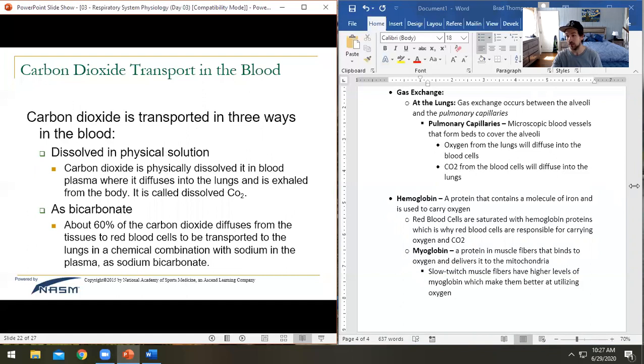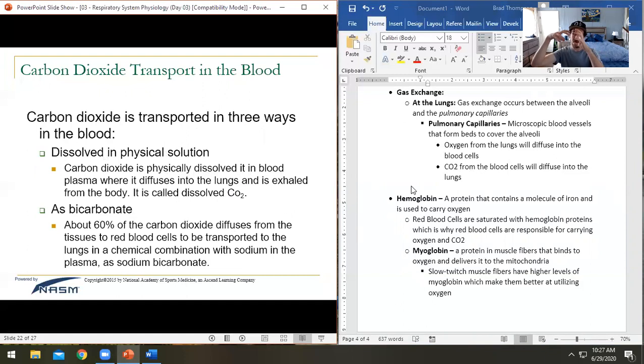Now, we have talked a little bit about carbon dioxide here. Not all of the carbon dioxide is directly carried by your red blood cells, by the way. Some of it is actually dissolved in your blood. So carbon dioxide is physically dissolved in your blood where it diffuses as it gets exhaled. Some of those carbon dioxide molecules may stay whole and get delivered and just be exhaled.